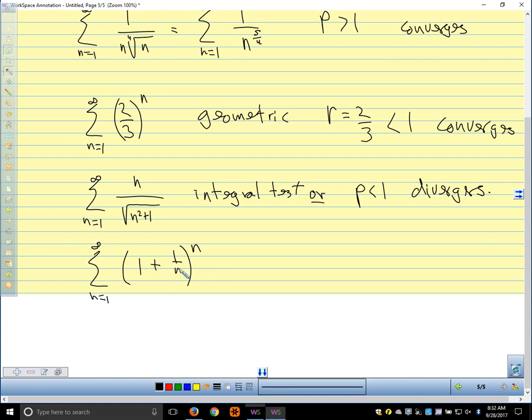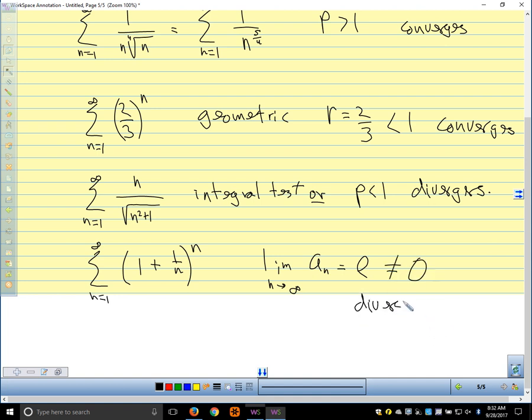Not geometric, but you're on the right track. What did you say, Connor? Well, the limit as n approaches infinity of the sequence is e to the 1, which is e, and that does not equal 0, so it diverges.